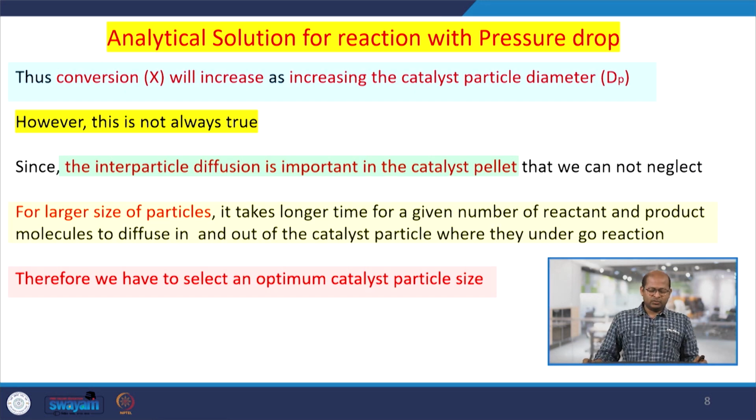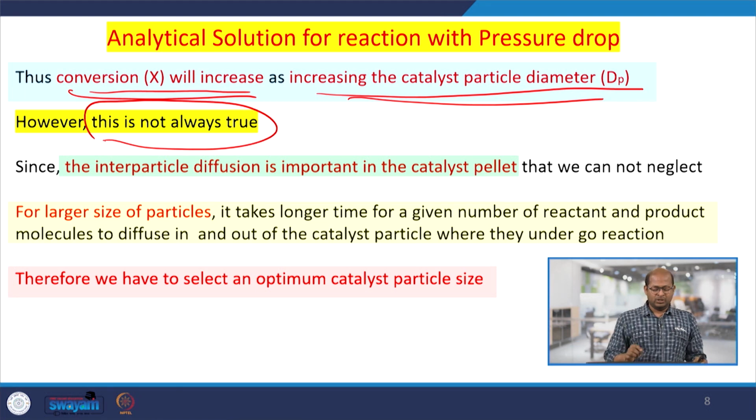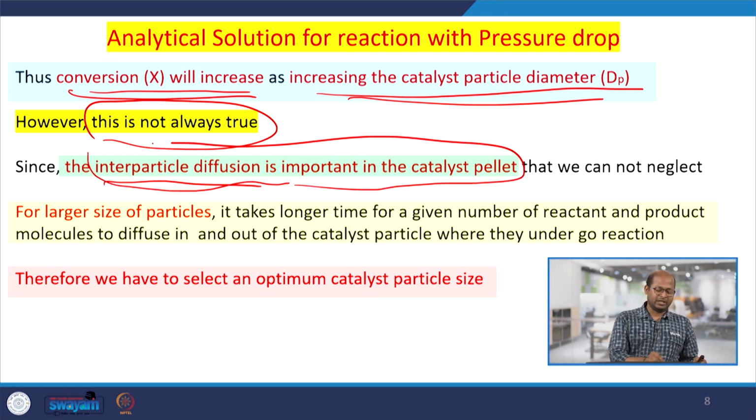Okay. So, if we increase the catalyst particle diameter, then conversions will increase. This is not true always. Okay. So, we are considering here reactions with the pressure drop also, when we are increasing the catalyst particle diameters, let us say this is our catalyst particle diameter, earlier was very small diameter particles.